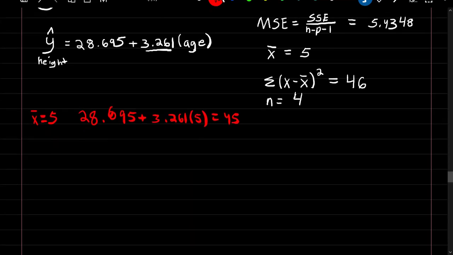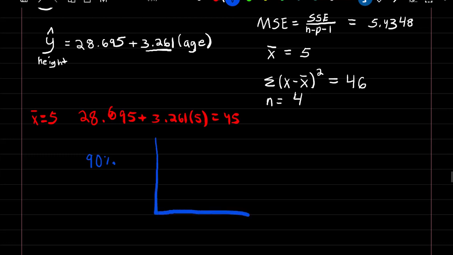What a confidence interval is saying is, what's the range around 45 within which the true population parameter lies. Say we're doing a 90% confidence interval, we can say with 90% confidence that the true population mean for people aged 5 falls within a certain range.